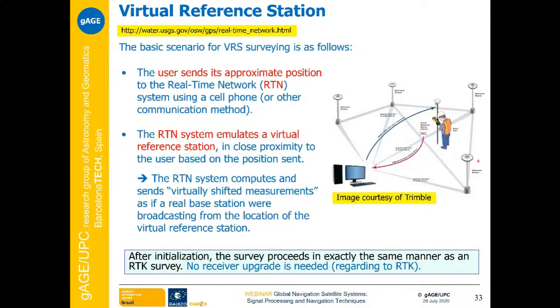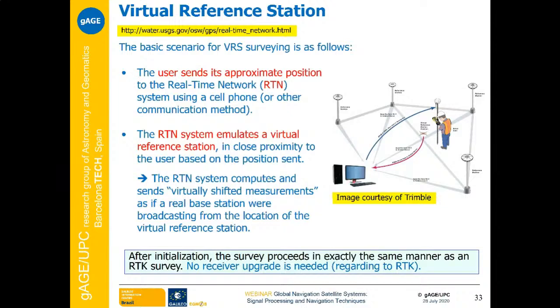This means the way of operation is: the user goes to the operation region, the working area. When the user is in the working area, he computes an approximate value of his coordinates, which can be computed using only code. It's not necessary to have a precise value for the coordinates. He then sends his coordinates to the central processing facility.